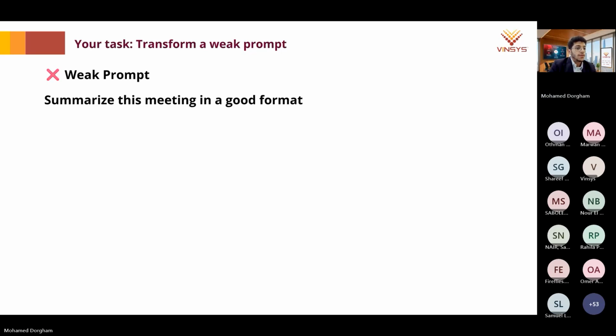There's no instruction on what the tone is going to be. Either it's a summary for a project manager, maybe at a high level. So the level of the summary is not really clear, and the structure in which the summary should be is not really clear. So those are the things I was able to get from there.